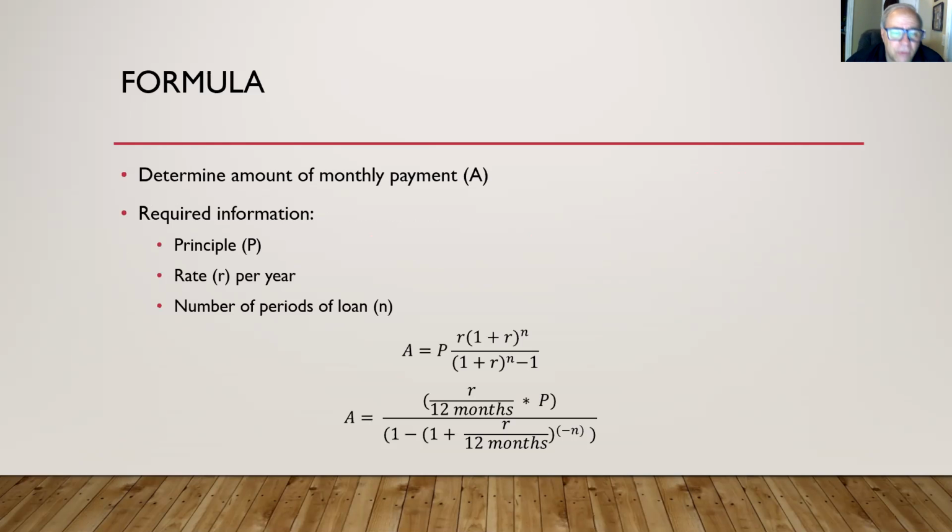All right, to figure out how an amortization table is going to work, the first thing we need to do is figure out the monthly payment. For these equations, the monthly payment is represented by A. You're going to need required information to calculate this: the principal, represented by P, the rate per year, represented by R, and the number of periods in the loan, represented by N. If you see at the bottom of this slide, there are two equations.